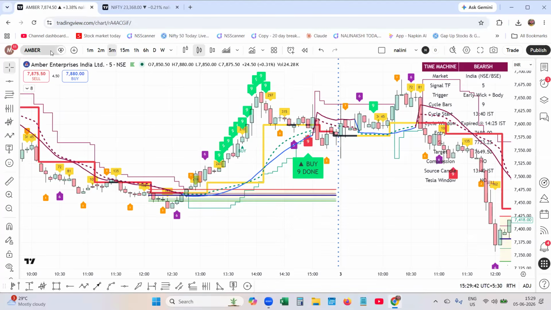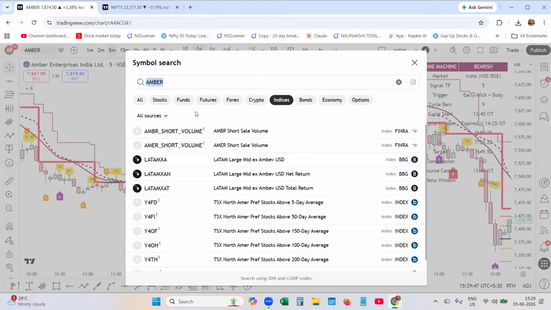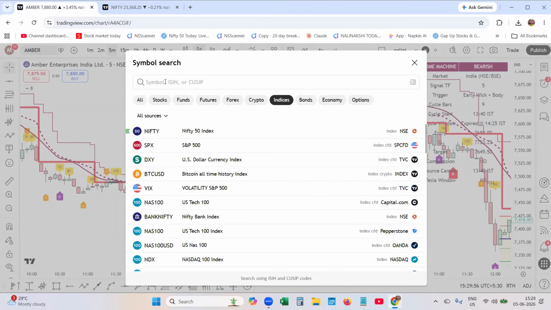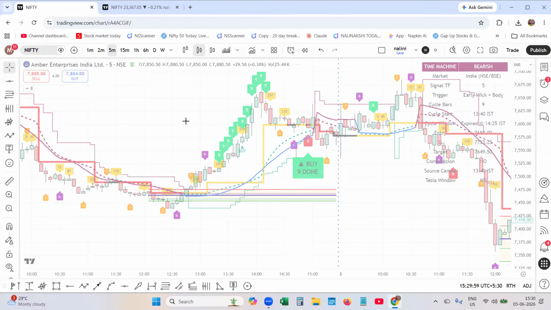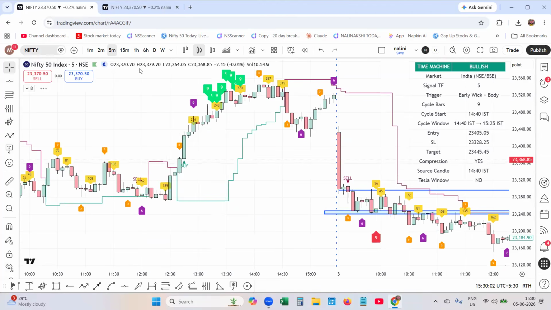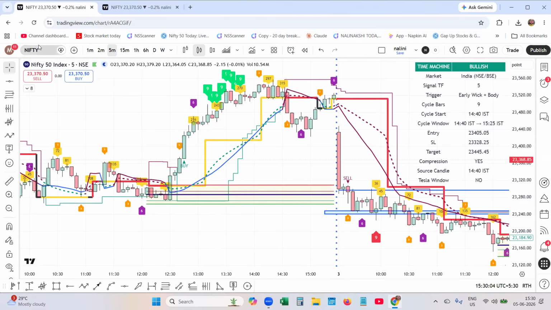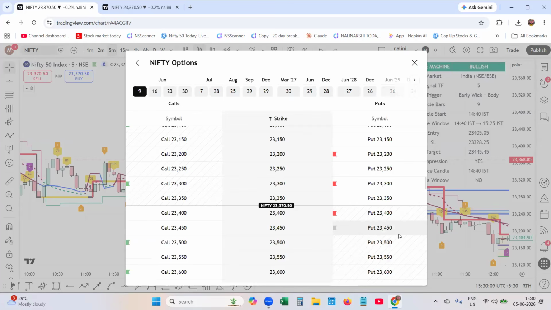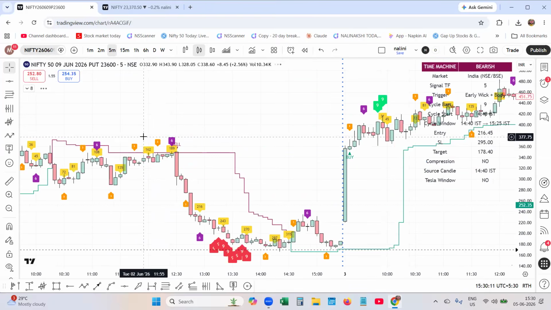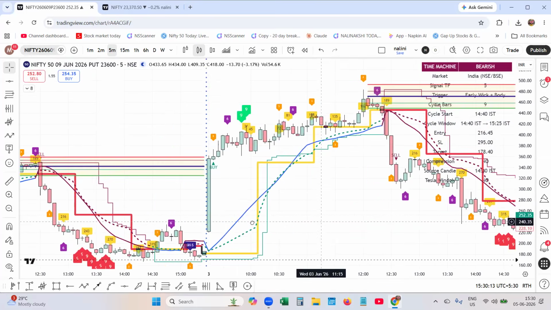Okay. Now I will go to, this is Amber. Let me go to options, indices. Let me take out Nifty 23,600 put option. Okay, friends, this is okay.